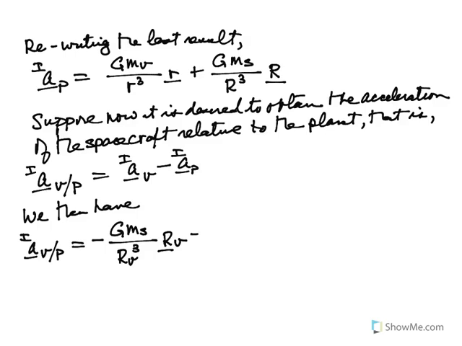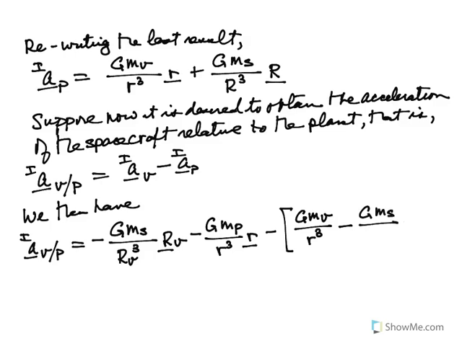That's the first term, and then the second term is minus G times the mass of the planet, all divided by r cubed times r. And then we subtract the last two terms, which is the last result that we have at the top of this page, which is G times the mass of the spacecraft, all divided by r cubed, minus G times the mass of the sun, all divided by big R cubed times R.